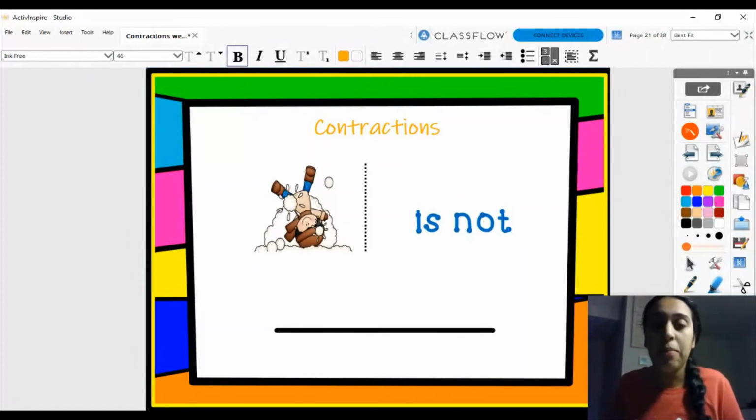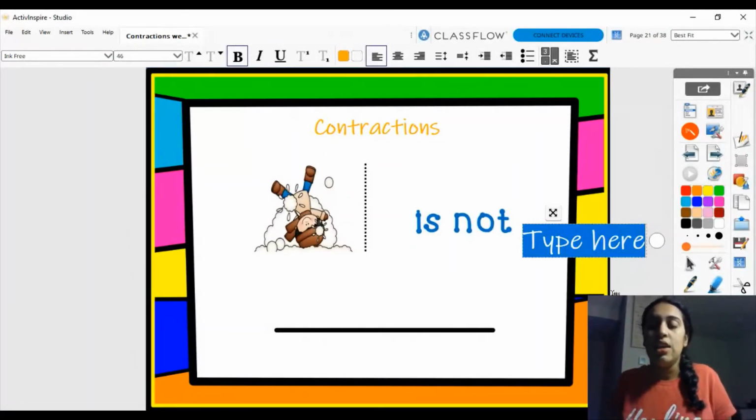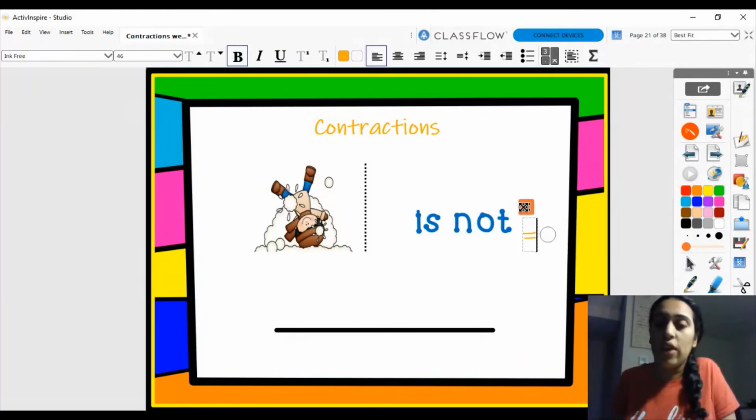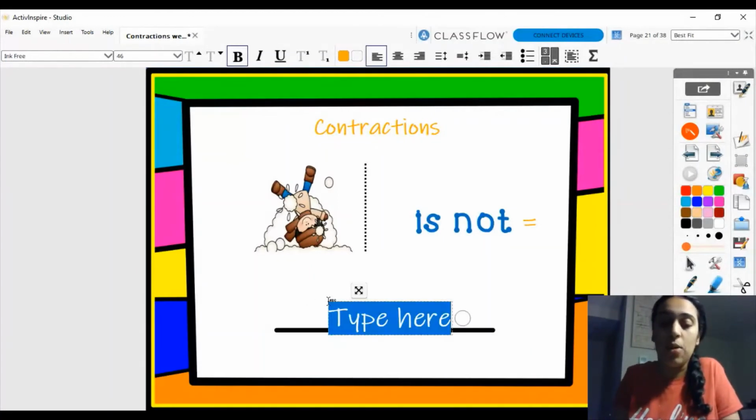Here we have the pair is not. All right, let's go ahead and write that down. Write your equal sign. The same pattern, boys and girls, the same rule. Keep the verb how it is. So let's go ahead and write is. And think about the rule with not.